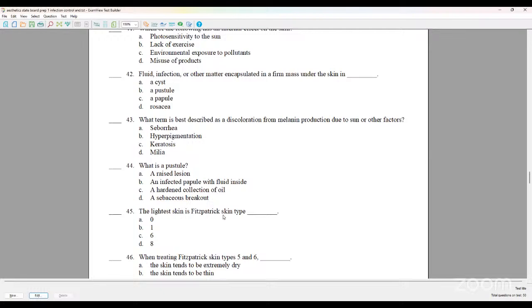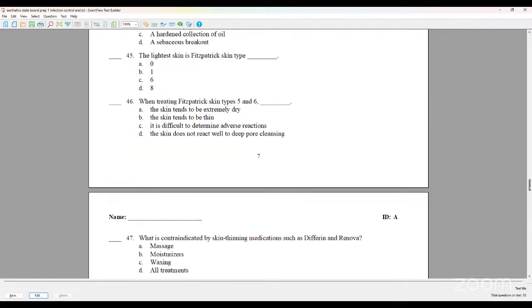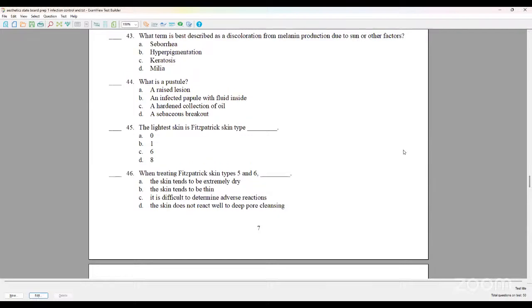Fitzpatrick skin starts at 1. All right, 46. When treating Fitzpatrick skin types 5 and 6, y'all, is that light or dark? Dark. You're correct.